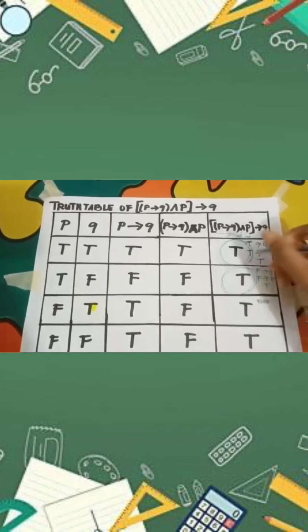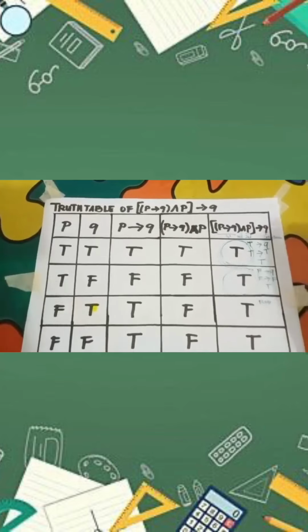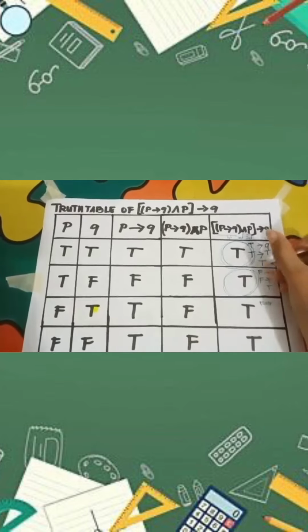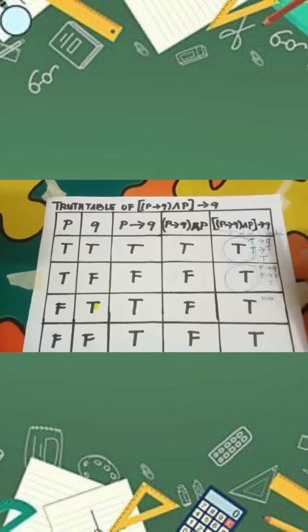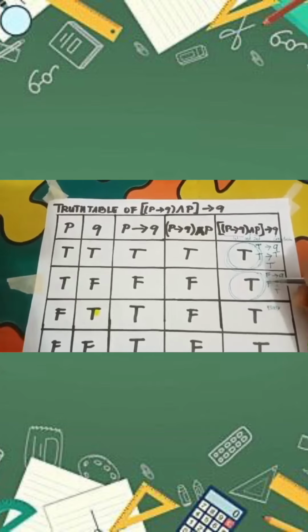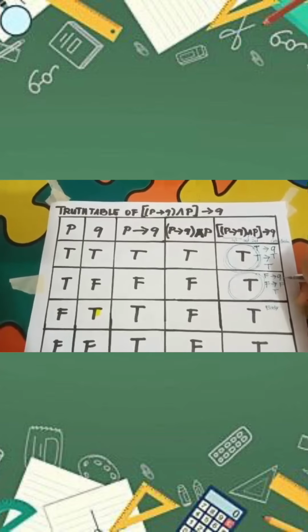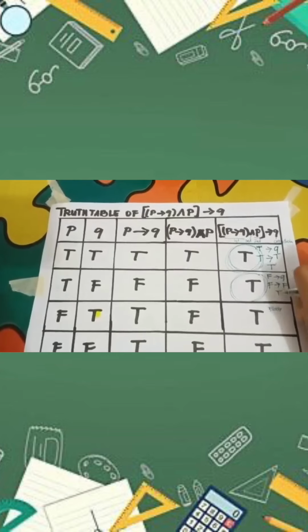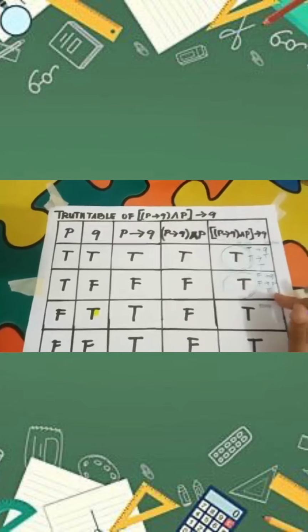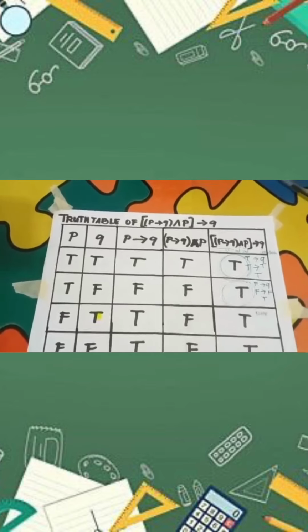So we have here false implies q, and false implies the variable q is false. So false implies false is true because of the rule of the conditional statement.